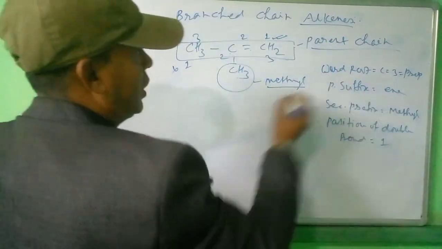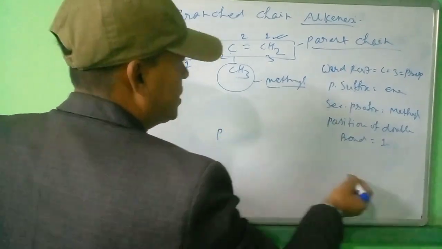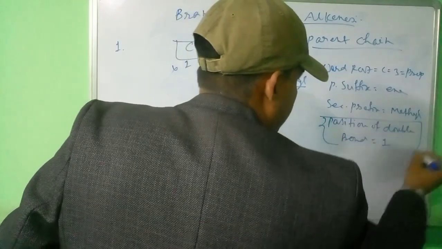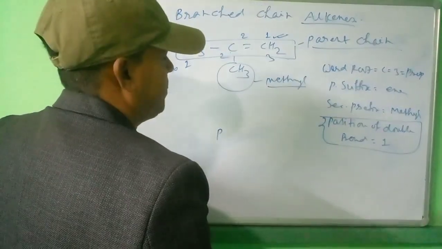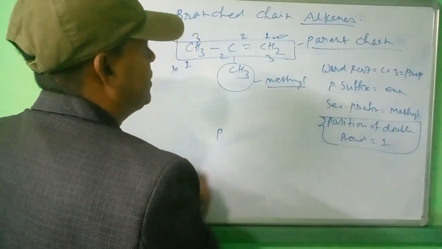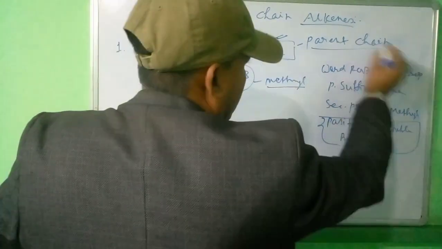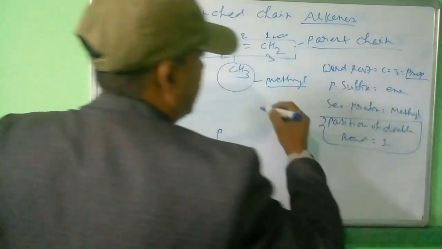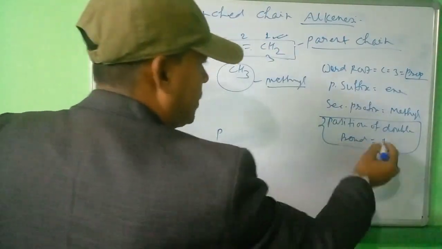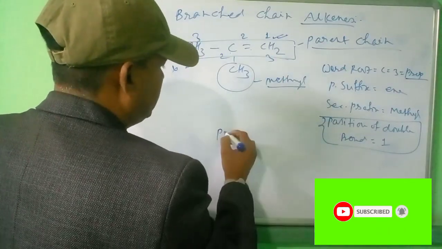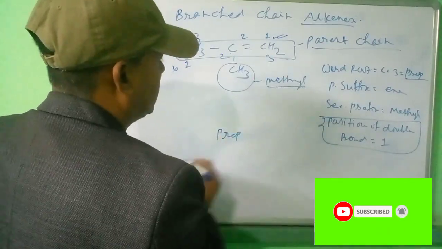With a word root of prop, the position is not needed because there are only 3 carbon atoms. Always position 1 in the case of propene. Prop, 3 carbons, so the position is always 1.